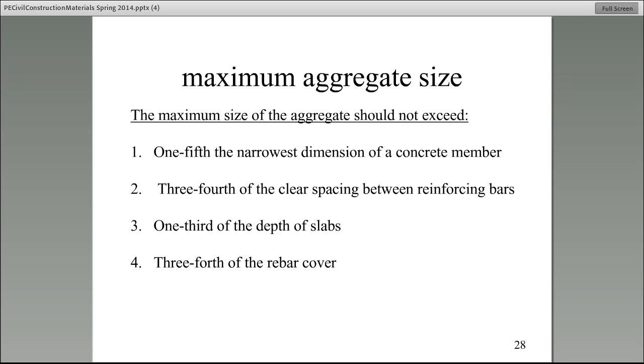So this is very important. How do you decide what the maximum aggregate size is? Well, the maximum size of the aggregate should not exceed these conditions: 1/5 the narrowest dimension of a concrete member, or 3/4 of the clear spacing between reinforcing bars.